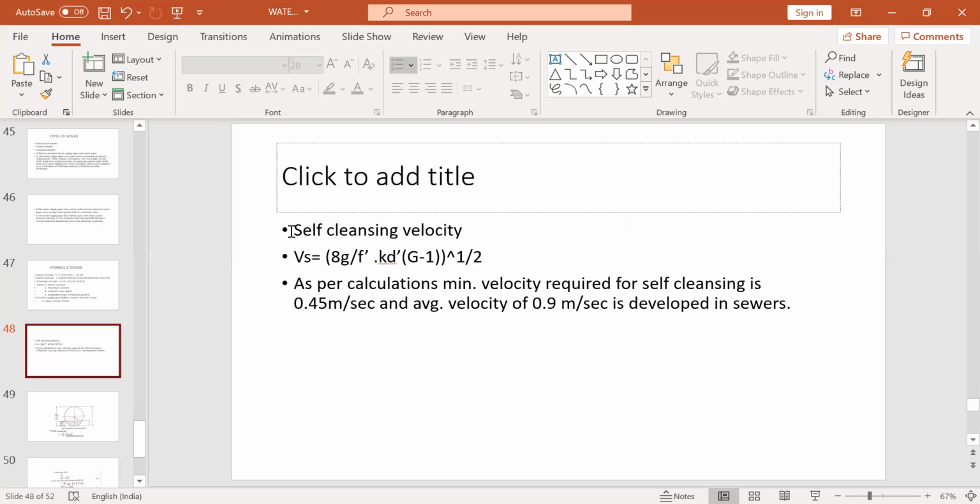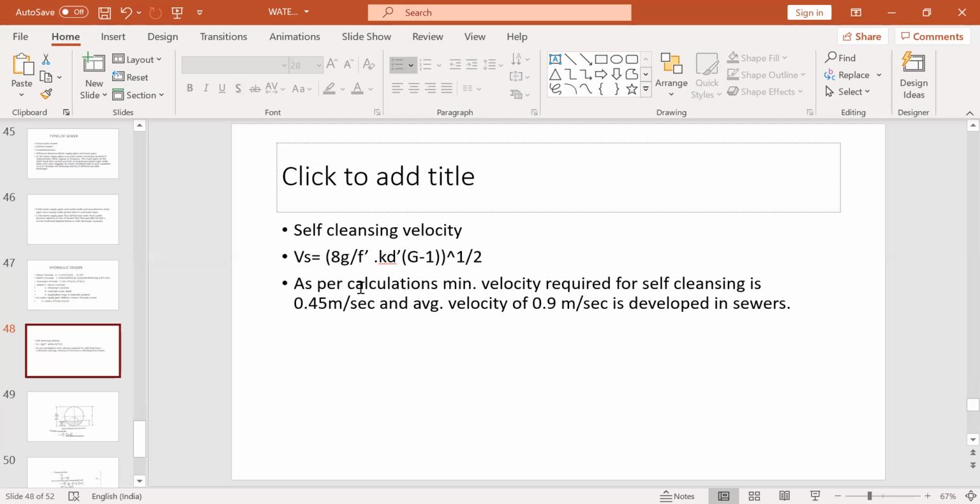So as per formula, you can calculate the self-cleansing velocity as square root of 8g by f dash, k d dash (g minus 1), where g is your acceleration due to gravity, f dash is the friction coefficient, Darcy's friction coefficient, k is a constant, maybe 0.0032, 0.01, whatever value, d is the grain size, and g is the specific gravity of the solid grains.